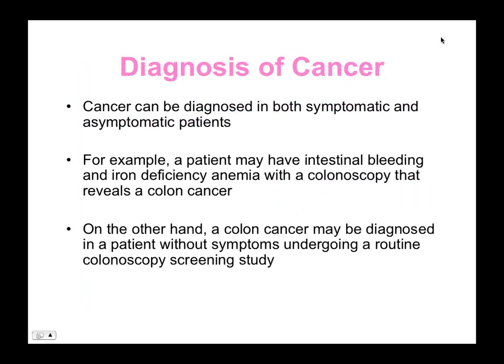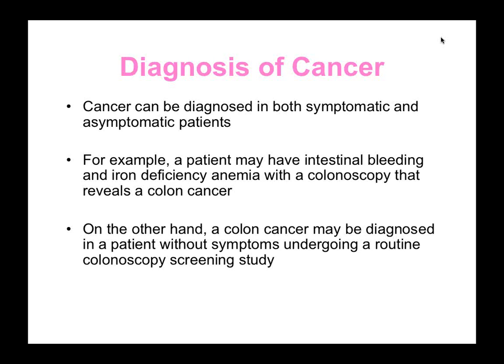So if we move on and think about diagnosis of cancer, cancer can be diagnosed in both symptomatic and asymptomatic patients. A symptomatic patient, for example, may come in to his or her doctor with a complaint of blood in the stool, with evidence of intestinal bleeding. They may have lab work done that shows an iron deficiency anemia, and the physician may recommend a colonoscopy because of these symptoms that might reveal a colon cancer.